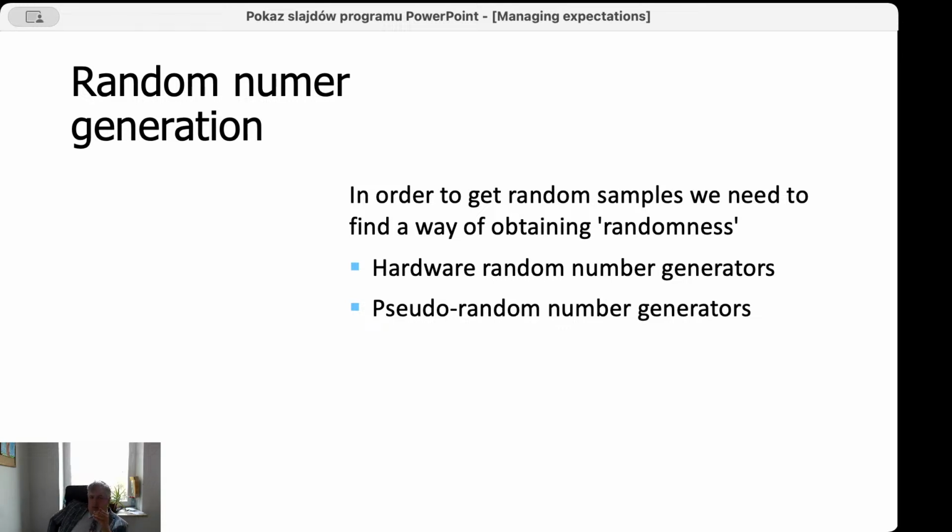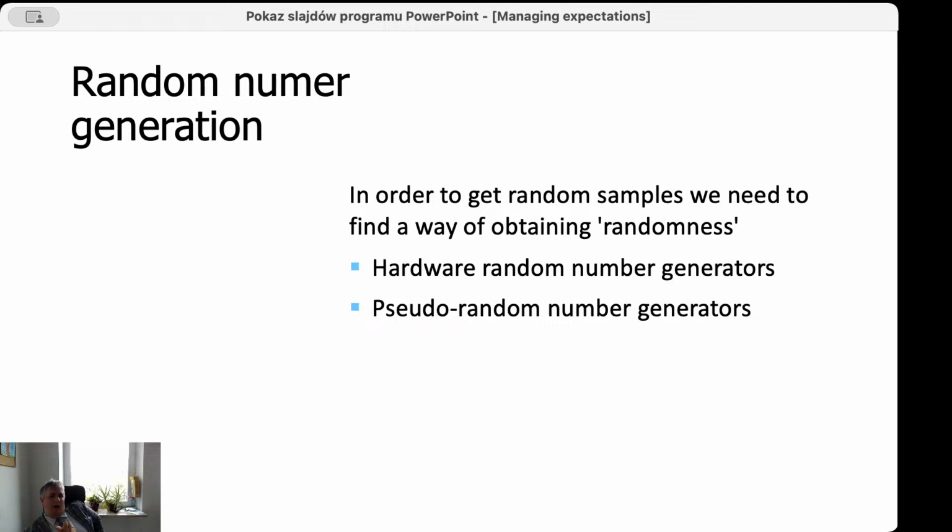Generally, we need to find a way of obtaining random samples, and moreover, those random samples should be coming from the probability distribution of interest. And we have relatively two options to get random numbers in our computation.